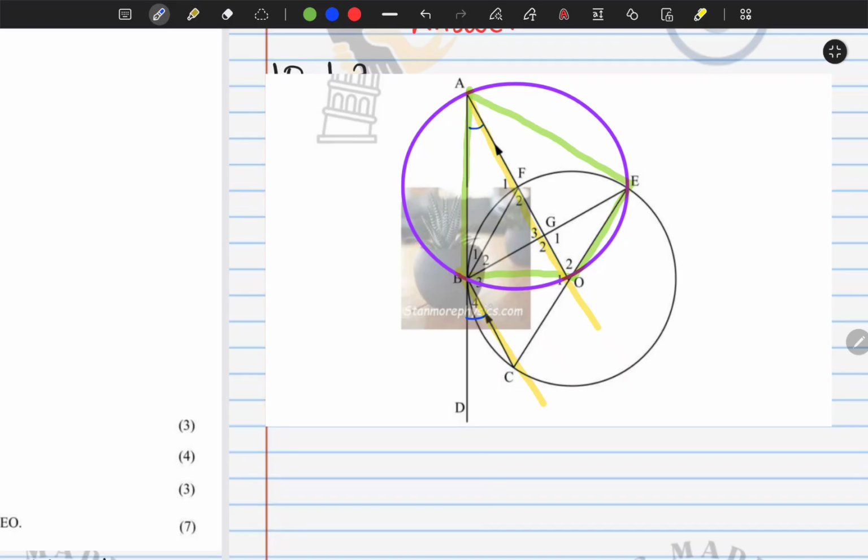But B4, because BD is a tangent, also equals that angle. Okay. But because we are inside the circle, this angle also equals that angle. Okay. If you observe carefully, no, the other part doesn't touch there. So let's remove that.